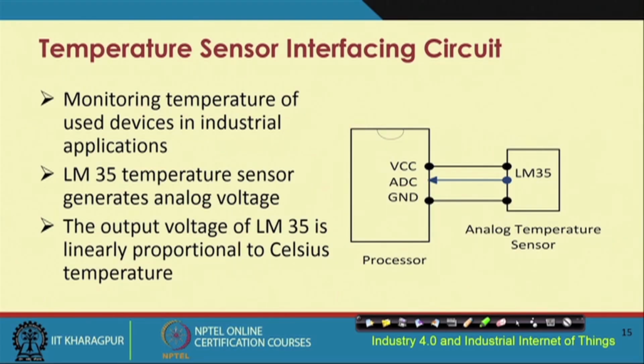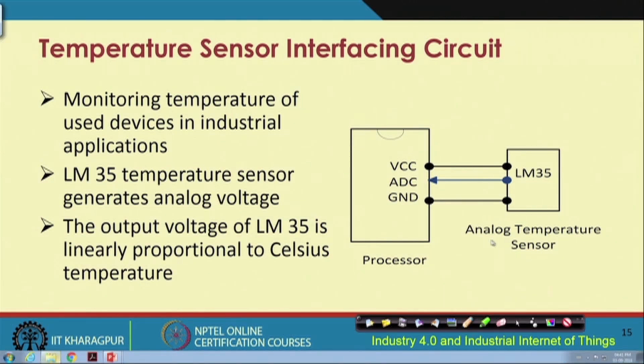So, we have the example of a temperature sensor, which is the analog variant. We can have analog temperature sensors, and we can have digital temperature sensors. This model, LM35, is an analog temperature sensor that generates analog voltage.